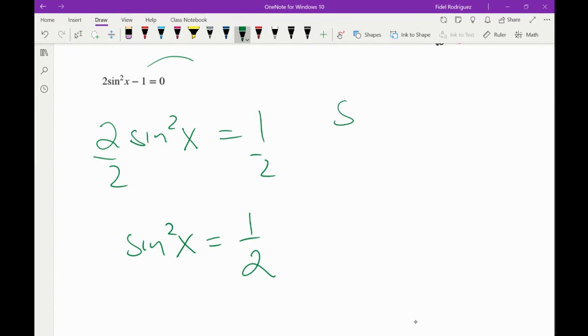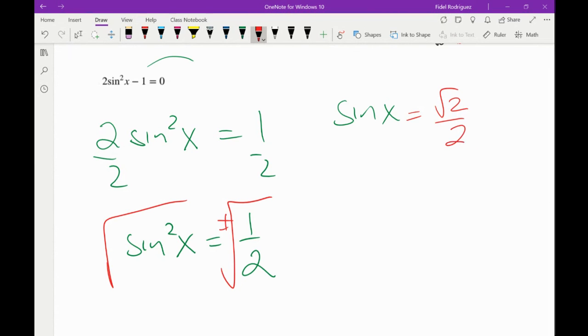Now square root it, right? So we're going to end up with the sine of x, because now we're going to take the square root. Don't forget, guys, we're going to use two parts, plus and minus, right? So sine of x is equal to, everybody agree this is going to be the same thing we had before?